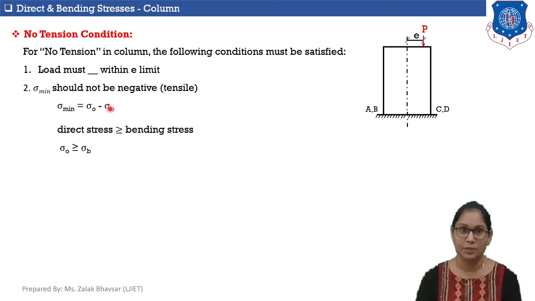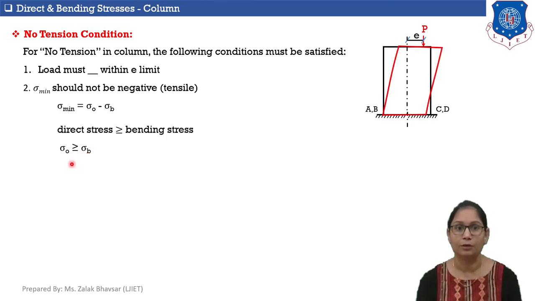So for the no tension condition, in other words, direct stress should be either greater than or equal to bending stress. So we can write sigma 0 should be greater than or equal to sigma b.